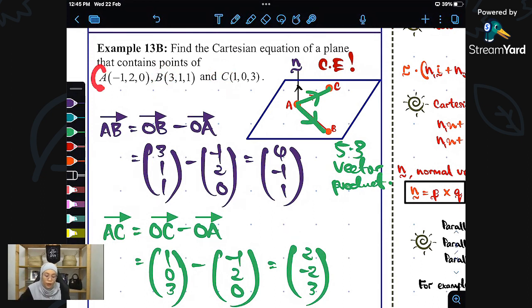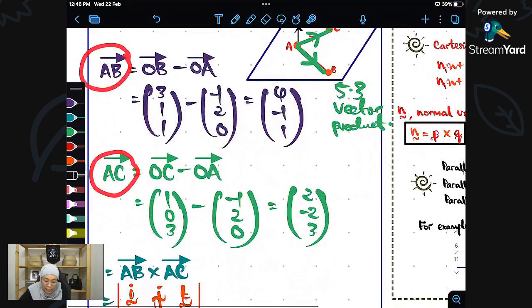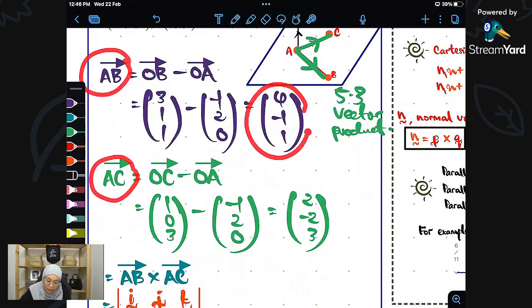Tapi saya choose point A as my focal point lah, untuk tengokkan direction dia pergi point B dan pergi ke point C. So basically I write down here my vector AB and AC. Calculate macam biasa.